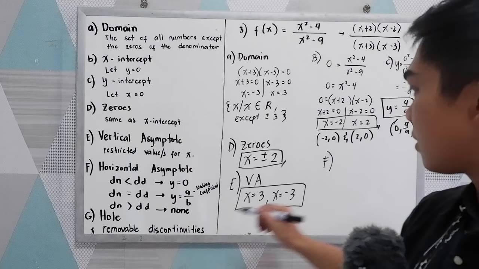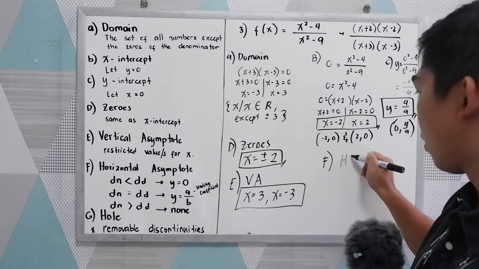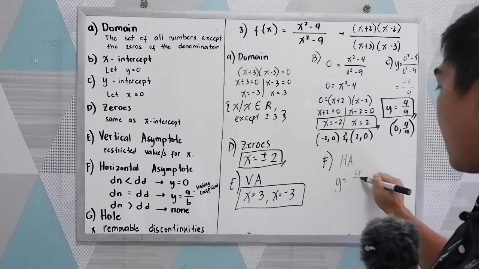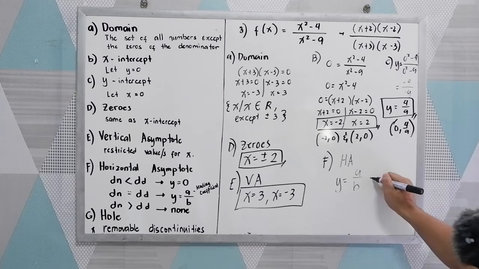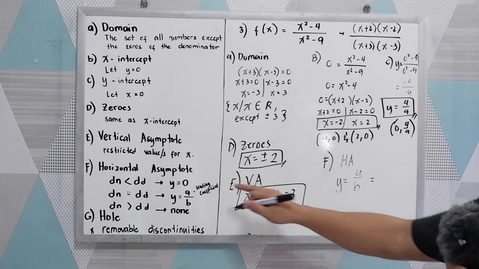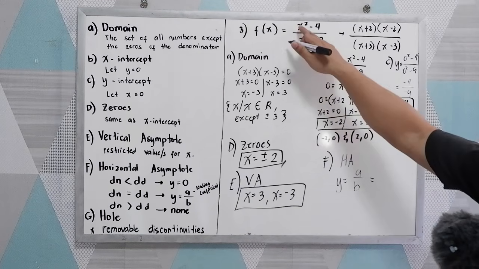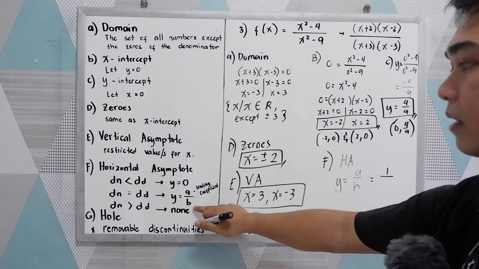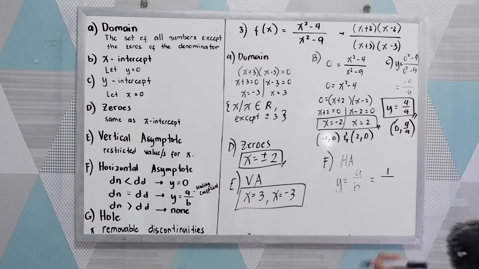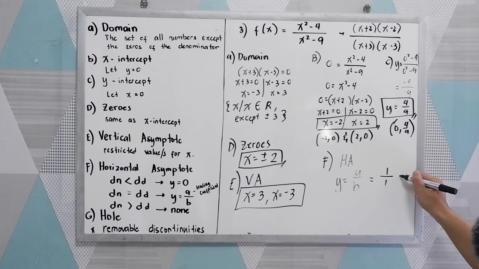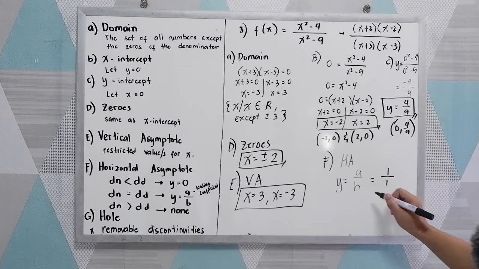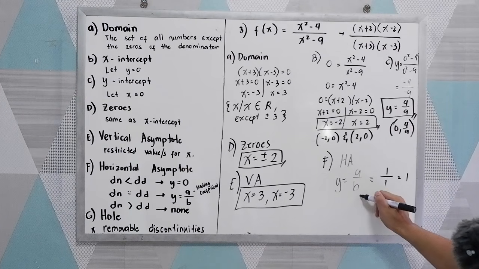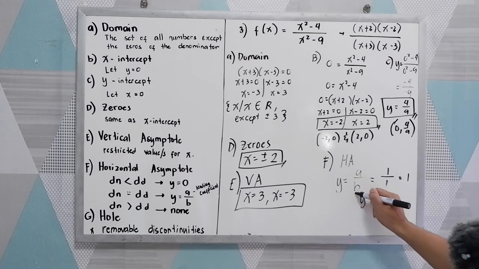So we're going to use y is equal to a over b, wherein a is the leading coefficient in the numerator. In this case, we have 1. b is the leading coefficient in the denominator. We have also 1. So 1 divided by 1, that is 1. So our horizontal asymptote is y is equal to 1.